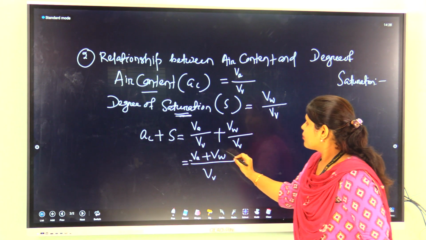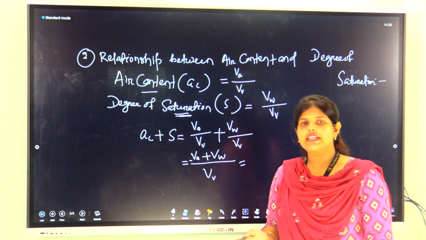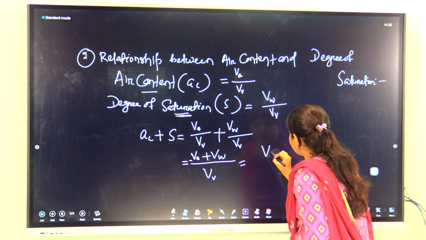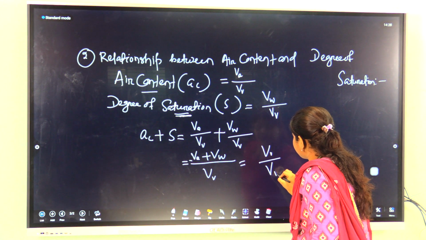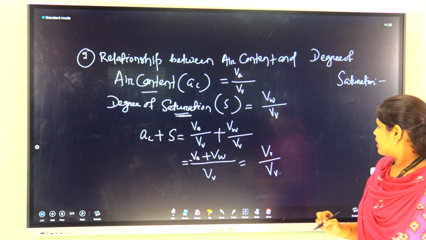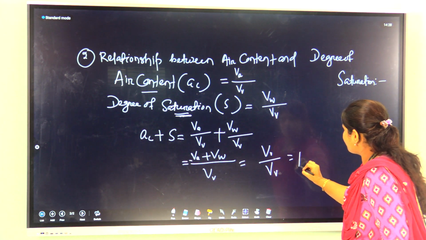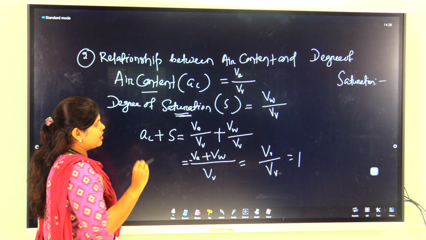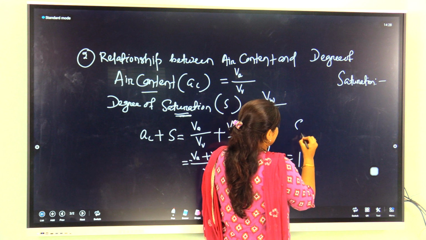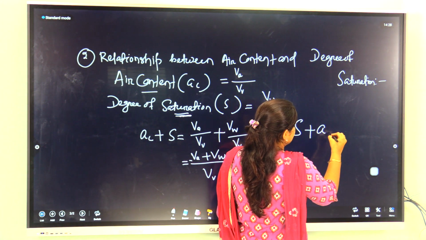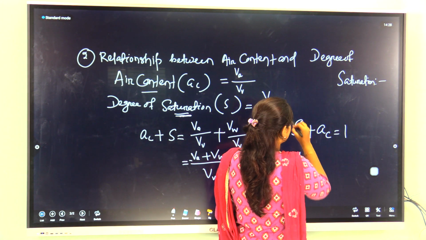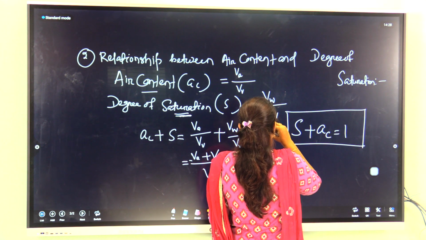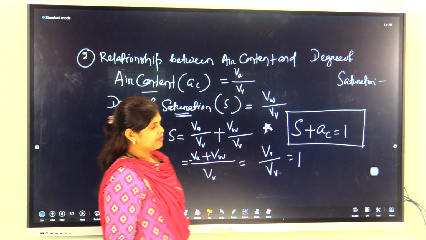We know that volume of void is your volume of air plus volume of water. So, Vv by Vv will become 1. So, in this relationship we got S plus AC equals 1.